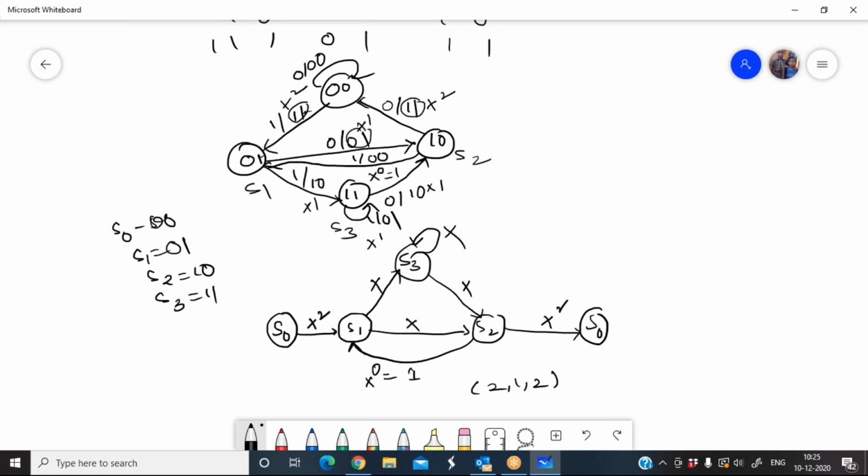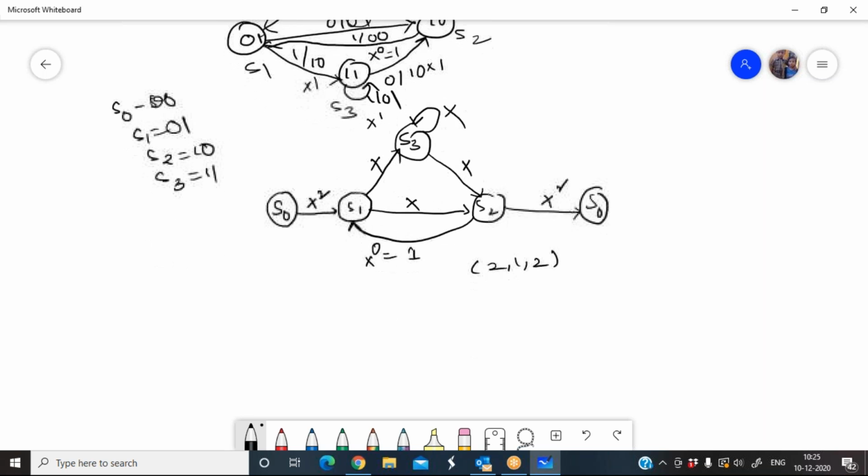You just have to split the algebra state into initial state and final state, and you have to identify the outputs. That's why I told that if anything is wrong in the outputs, definitely you will get the wrong modified state diagram. X square, X. So just observe the weight. Weight is 2, X power 2. Weight is 1, X power 1. Weight is 3, X power 3. Weight is 0, X power 0. X power 0 is equal to 1. Please respond. Any doubts here up to this modified state diagram? No, sir. Is it clear? Okay.